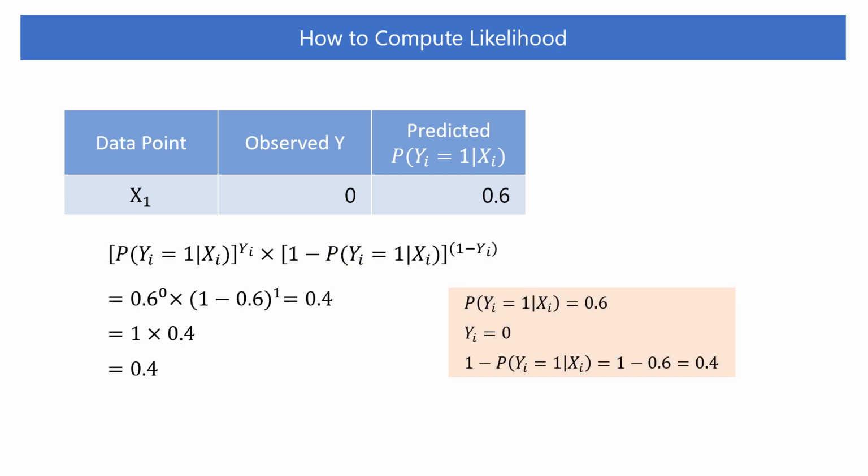The probability part of the second term is 1 minus the probability that the label is 1, which is 1 minus 0.6, so it is 0.4. Substituting these into the formula, the likelihood is 0.4.